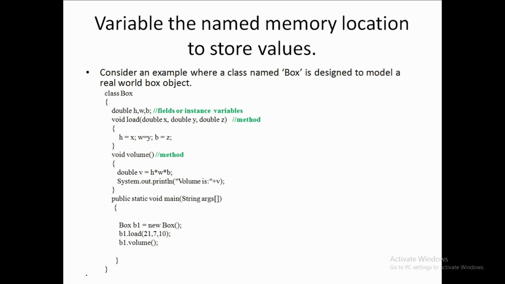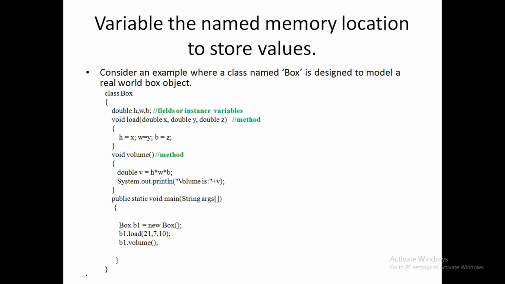Although a real world box has many more characteristics than height, width and breadth, for the sake of simplicity I have only included these three characteristics here. So all in all, b1 now represents a real world object box in this program.